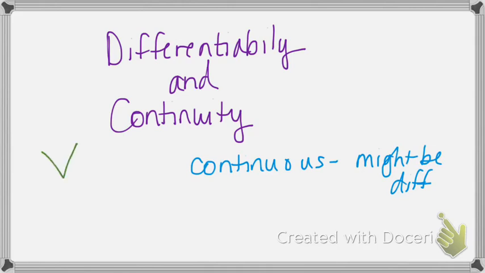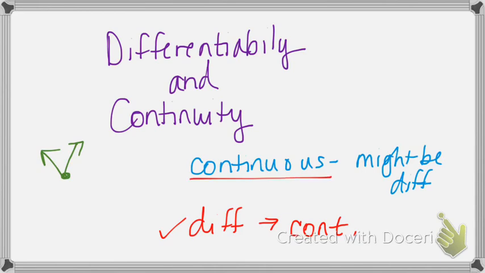That is continuous, but it's not differentiable everywhere because there's not a derivative at that sharp point. If it is differentiable, that implies that it is continuous, because every differentiable function I can draw where there's no holes, no asymptotes, no sharp points, all of those functions are continuous. So this is always true, but this is not always true.